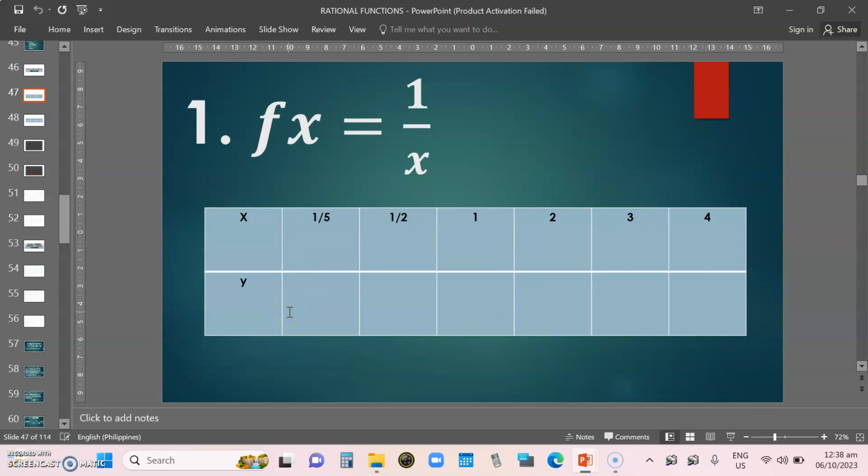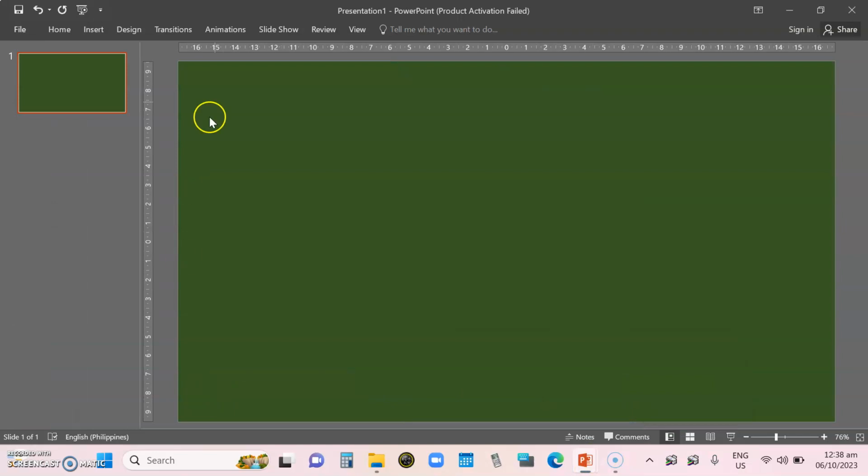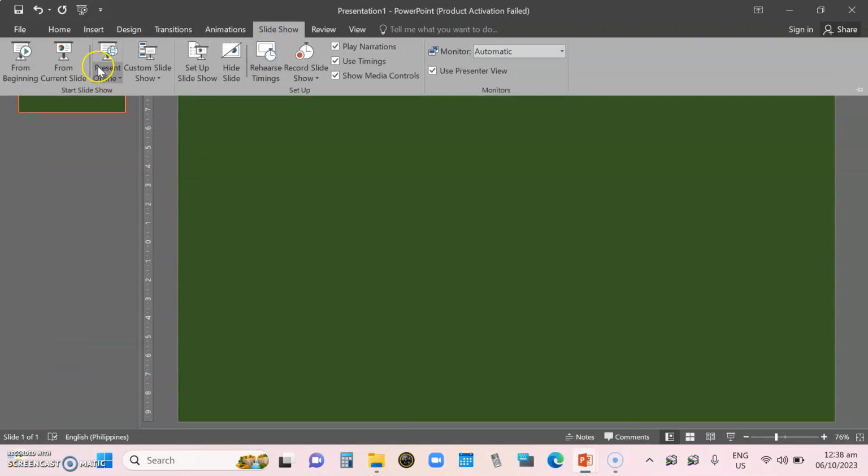Whatever values of x you assign, all you need to do is substitute them into your given function. So you simply substitute your values of x, like 1/5, in the denominator x. Let me show you how to solve this one.